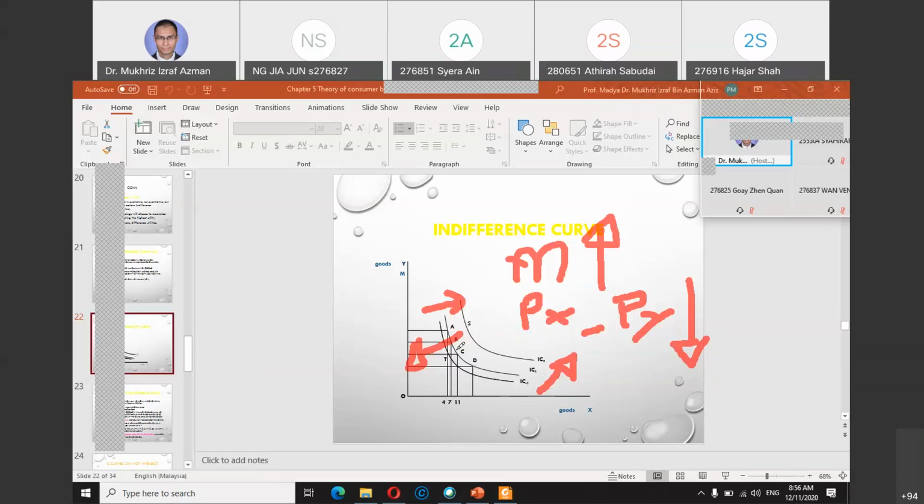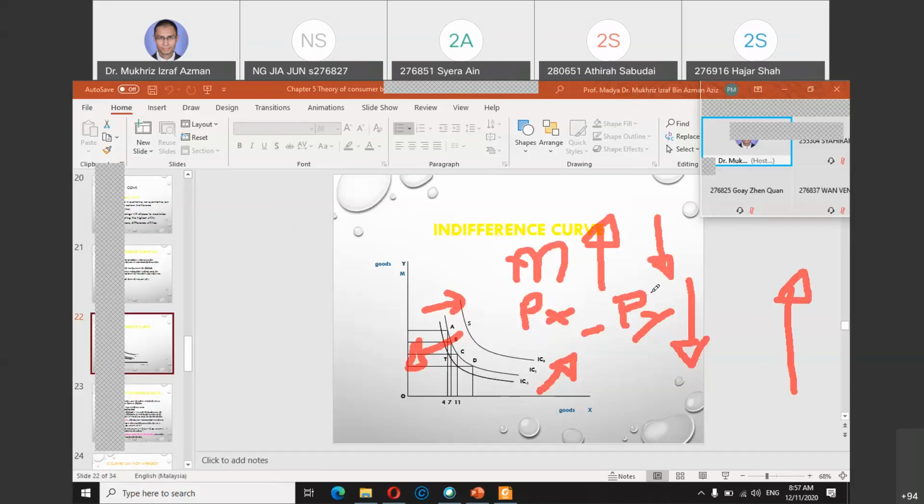The indifference curve moves to the right, or upward, when your income increases or the price of good X or good Y drops. Or your indifference curve can shift to the left or drop, which means that the total utility also decreases at the lower indifference curve, if your income drops or the price of X and Y increase.